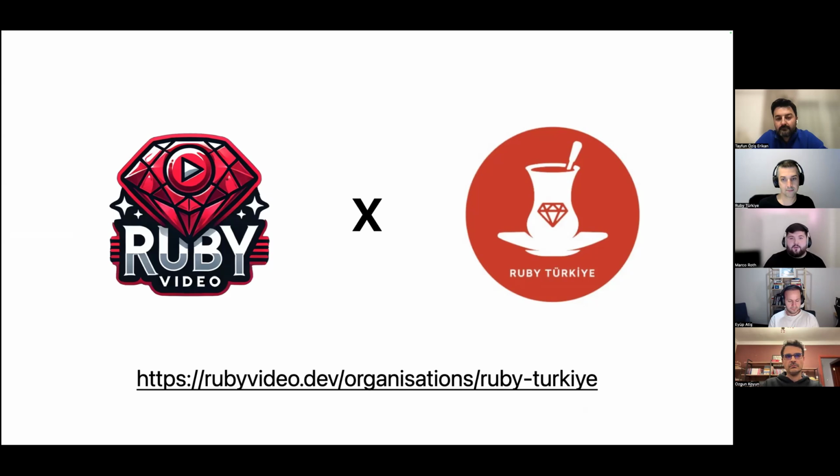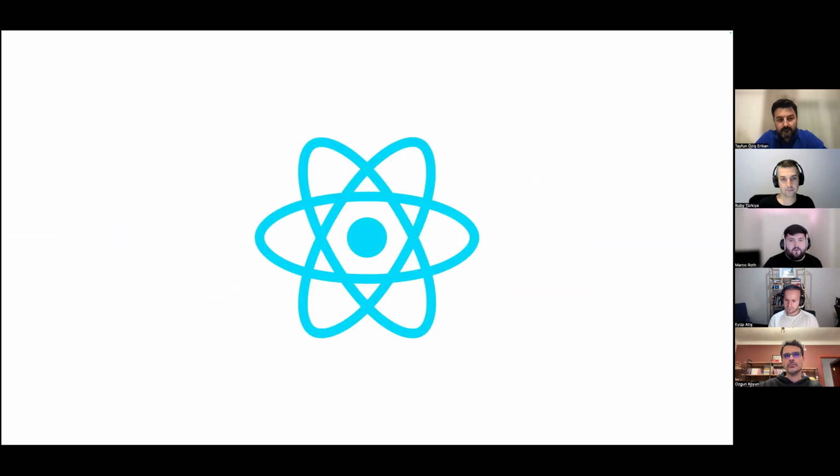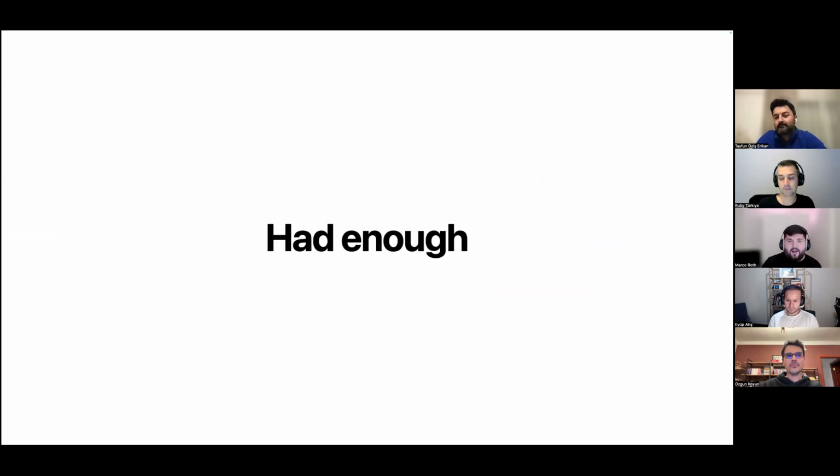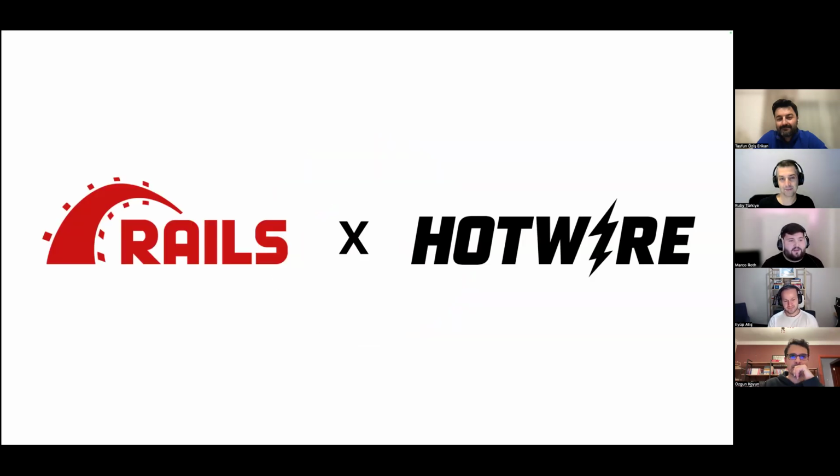But to go back to the topic of today, I started to actively contribute in 2019. At the time, I was working at a job where we were using React. But I had kind of had enough of that mindset. I love Ruby, I love Rails, and I want to keep building these Rails and Hotwire apps because that's just the way I think and the way my brain works.